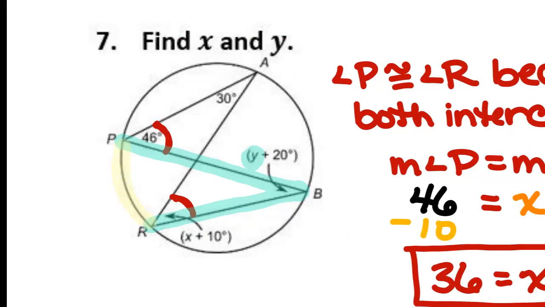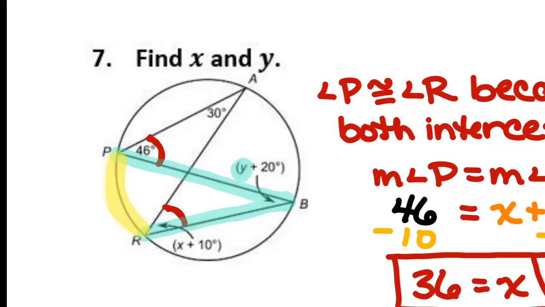PR. Right here. That's really hard to see. Let me try a brighter yellow. What other angle intercepts that exact same arc? Angle A. This angle right here also intercepts arc PR.